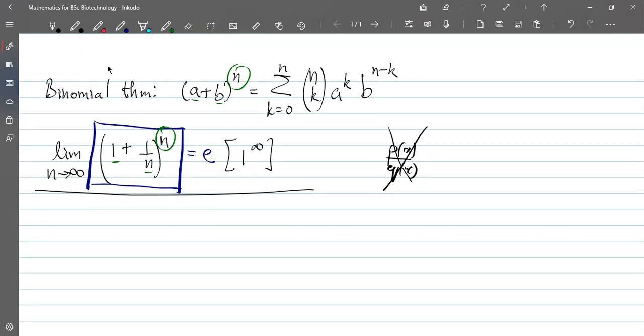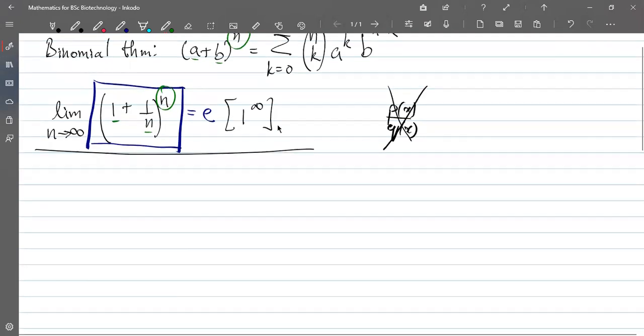Only thing is that here it's three different variables a, b, and n, whereas over here one of the variables is 1 by n. So that is also a function of n. So this b here in our case is also a function of n, and the exponent is also n. So that doesn't matter when you are expanding it using the binomial theorem.